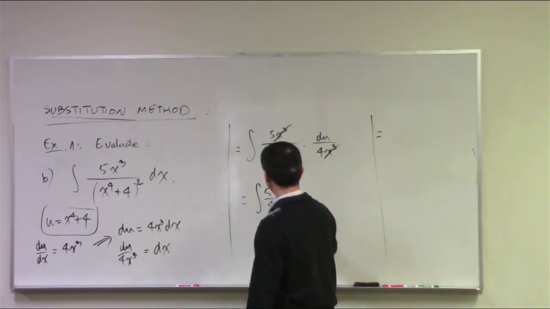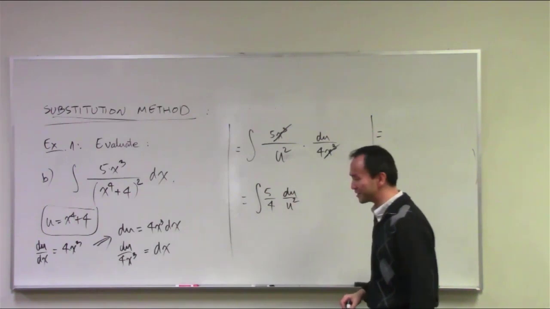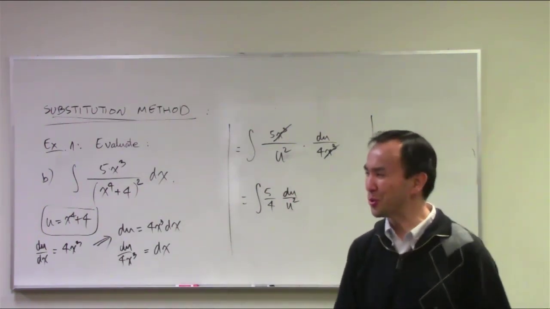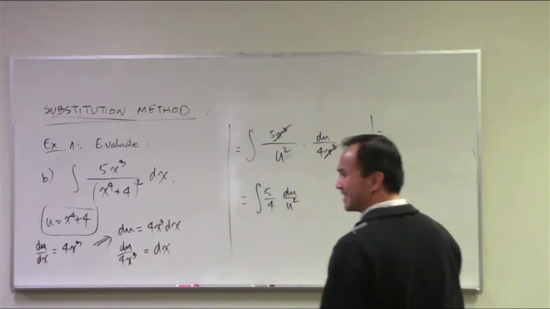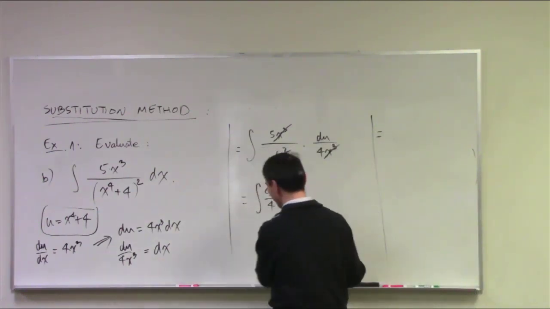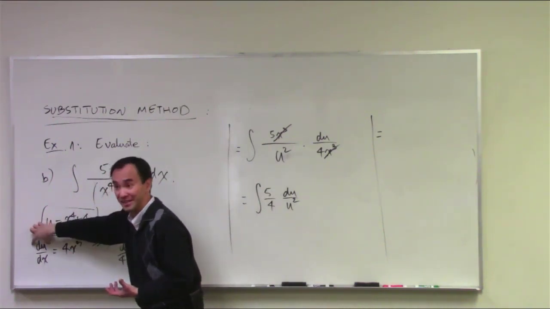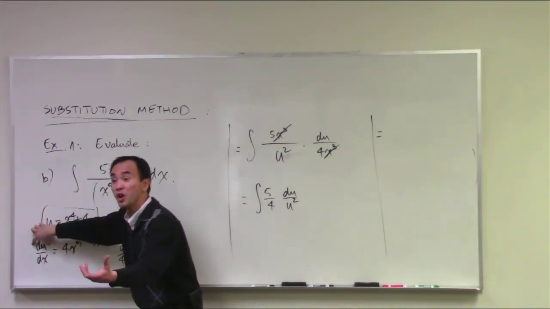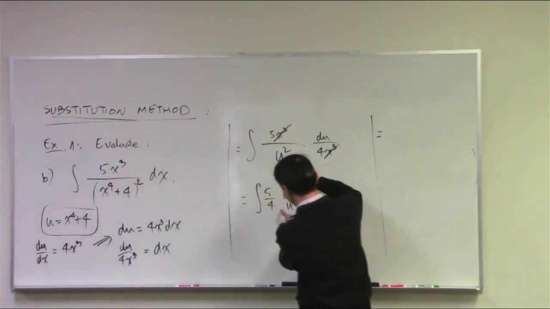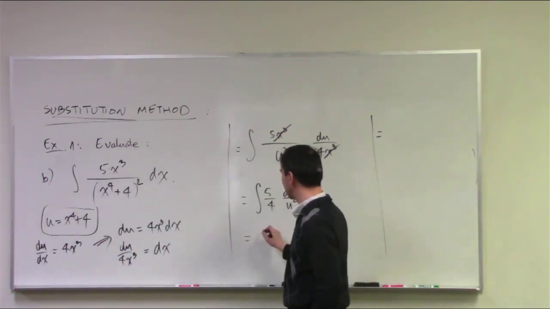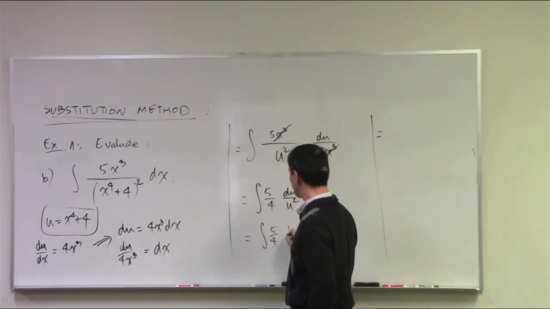Now, are you familiar with this way of writing it? It's 5/4 and du over u squared. It really means, because now when you are allowing that flexibility, thinking of this differential itself as an expression, you put that differential over u squared, or you can rearrange this as 5/4 times 1 over u squared.